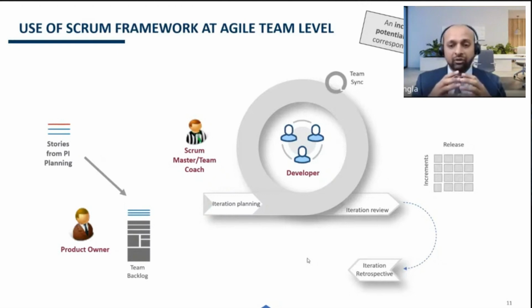From the things which did not go well, they agree on what items in their ways of working or tools can be improved, and they pick the highest priority item from these and put that improvement item in the next sprint backlog, so that this particular improvement item can be worked on in the next iteration.